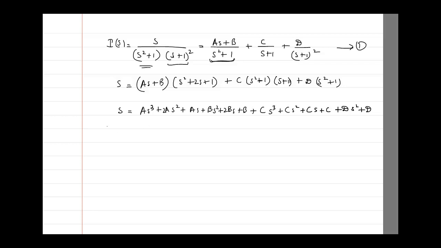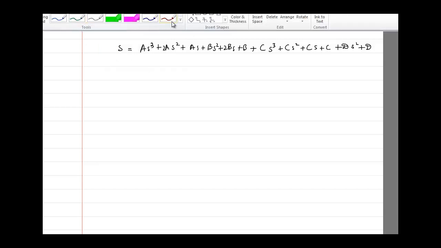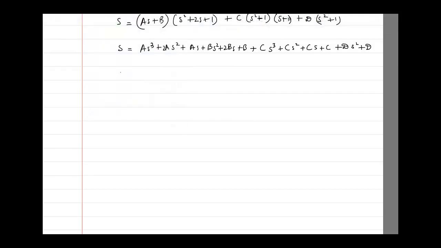Therefore, equating coefficients, what do I get? First I have to write all the powers together. So I will write s is equal to, now which terms have s cube? This one and this one, so I will write (a plus c) s cube, plus s square.